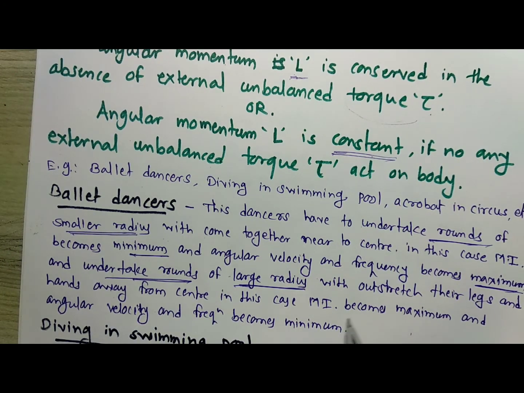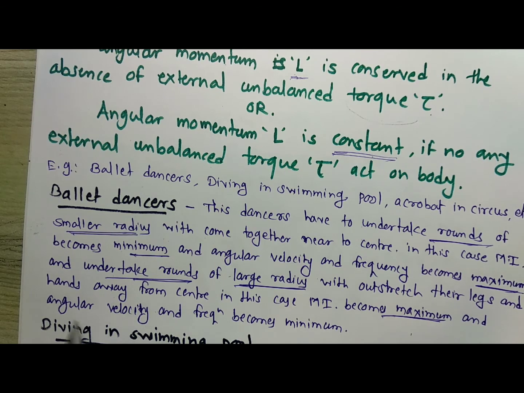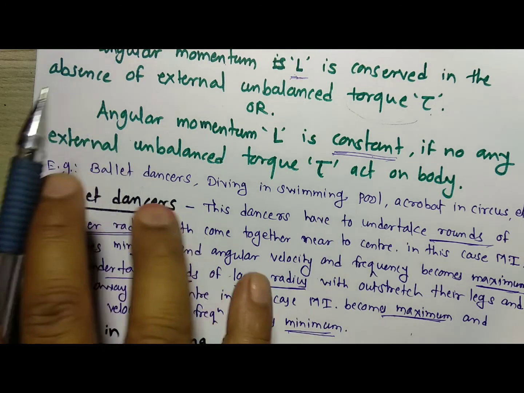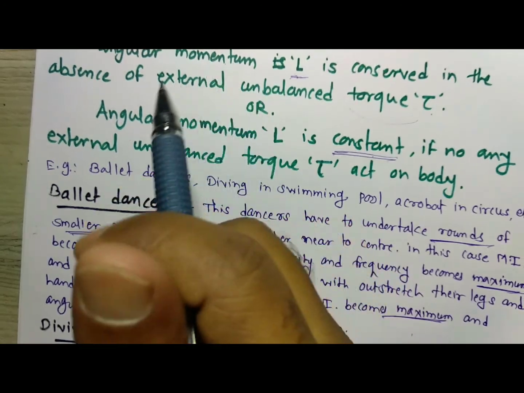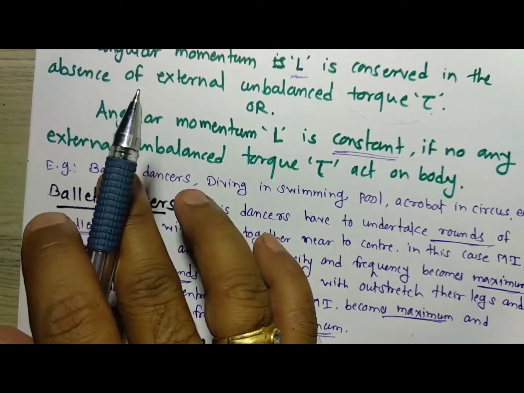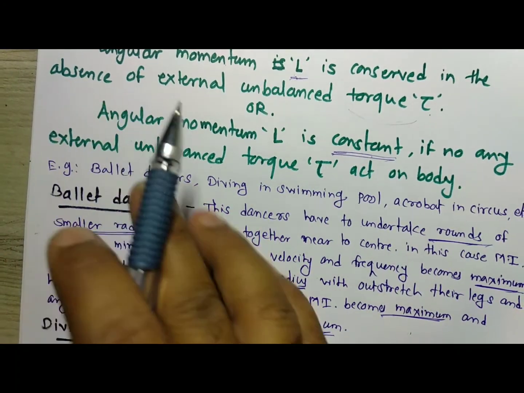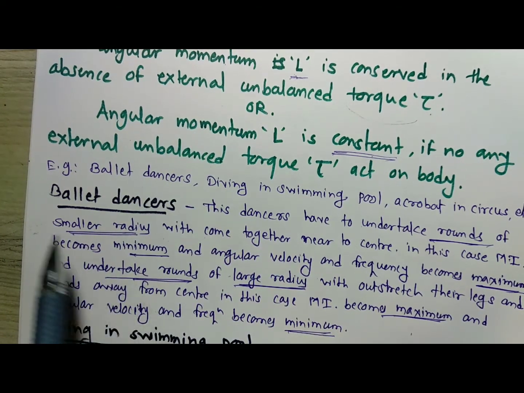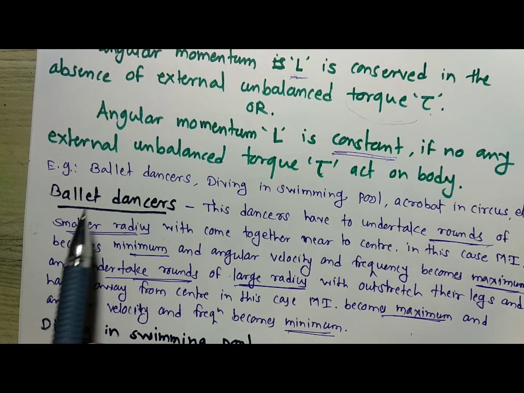Moment of inertia becomes a maximum, and angular velocity and frequency become a minimum. This is done by folding the hands towards the body to minimize the moment of inertia, and outstretching the hands and legs away from the body to get the maximum moment of inertia.